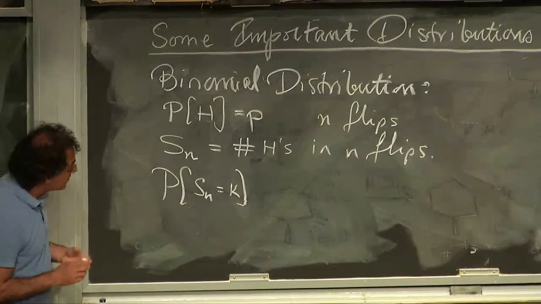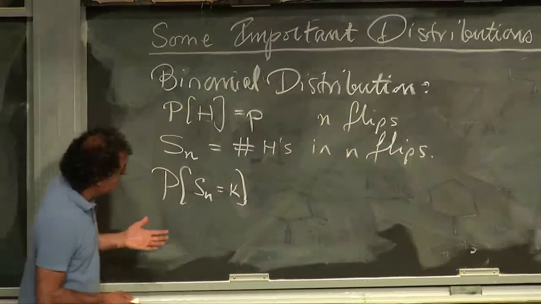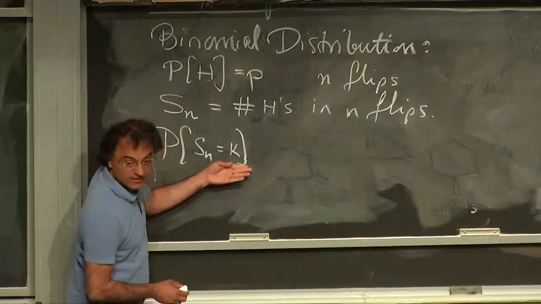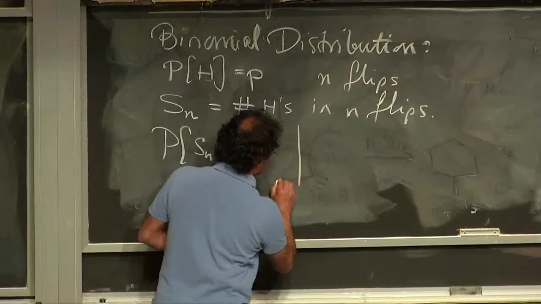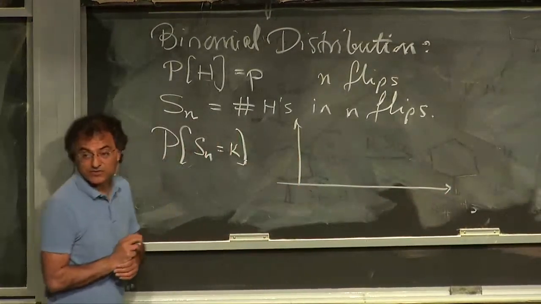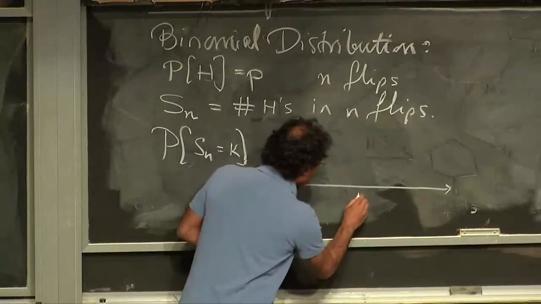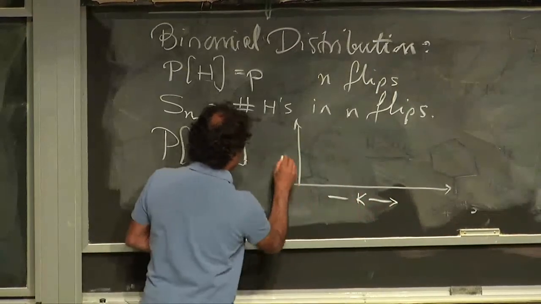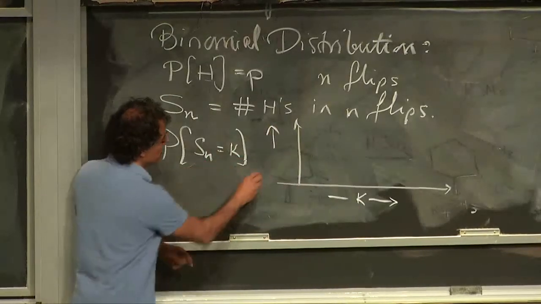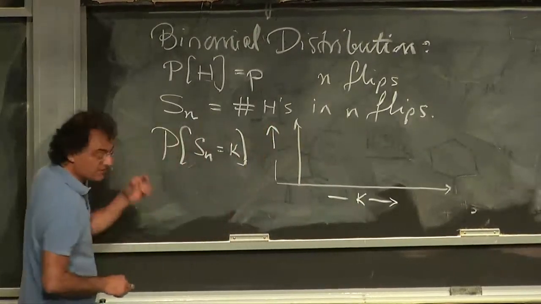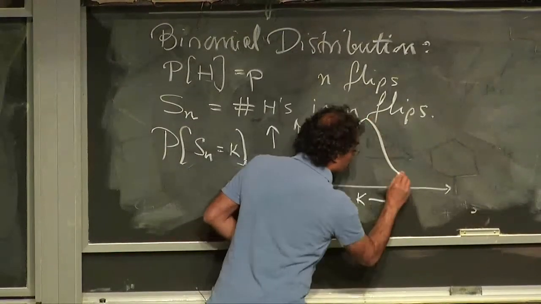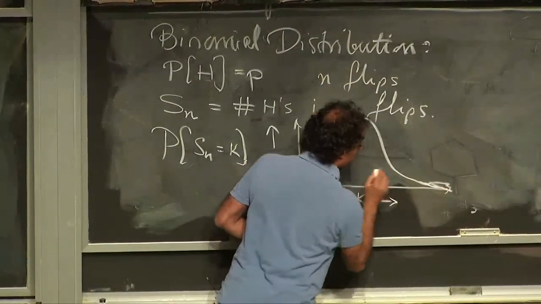One way we can depict this is by plotting the distribution function. So here's k, and here's the probability S sub n equals k. That's what we are plotting up on this vertical axis. And then we get some sort of a distribution function which looks like that.